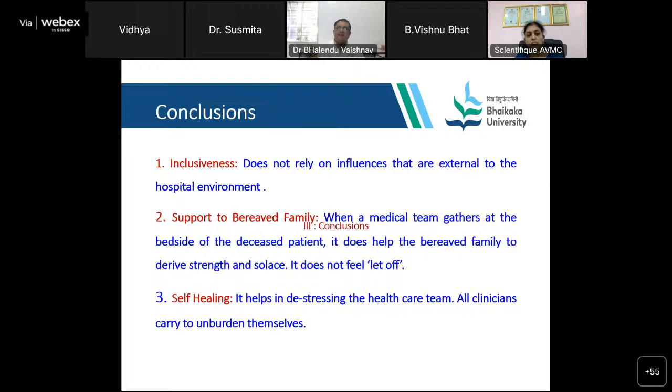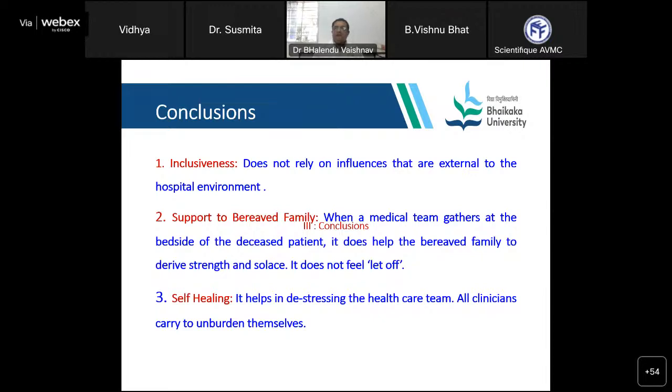That if there is a death, the priest will get a call and he will come and put tulsi and do puja, etc. We did not do that. We deliberately did that only the treating team should pay the homage. So first is inclusiveness. It does not rely on influences that are external to the actual hospital environment.